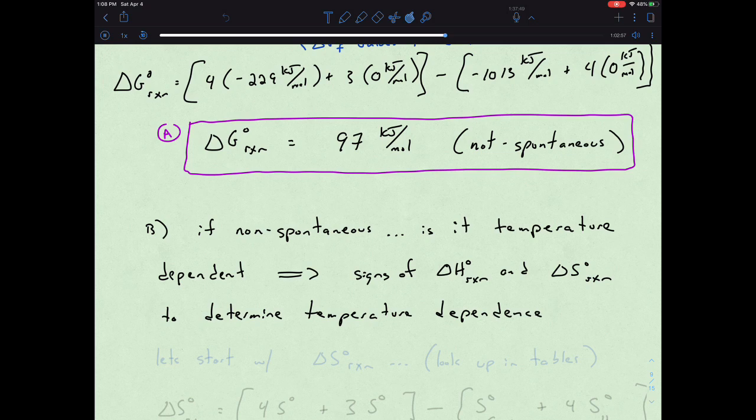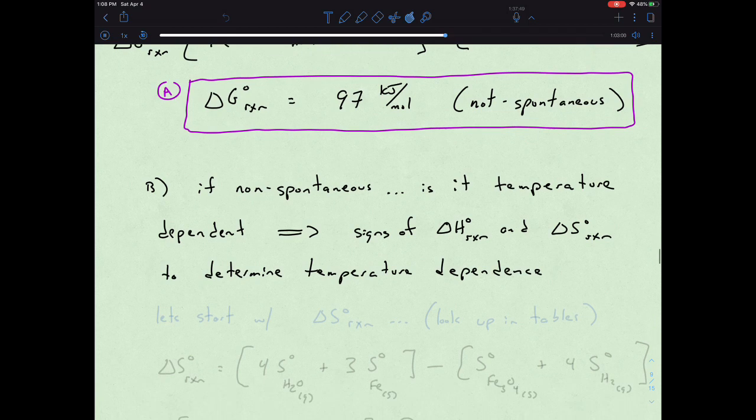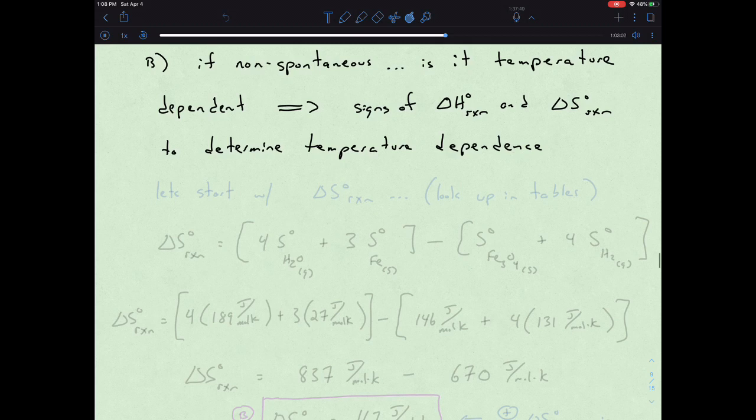So, I mean, there's a couple different ways that we could do this. We could just do enthalpies of formation, entropies of formation. I'm going to do a little bit differently than that. But first with this, we're going to start with entropy.